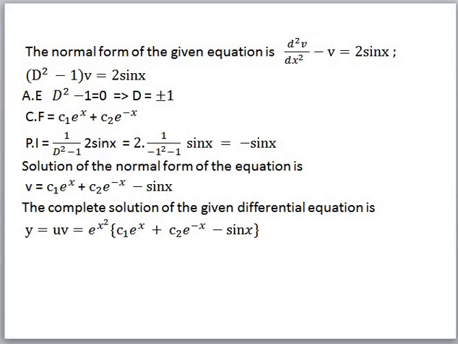So the solution of the normal form of the equation is v is equal to complementary function plus particular integral, that is c1 e power x plus c2 e power minus x minus sin x. The complete solution of the given differential equation is y is equal to uv. That is u is e to the power of x square, v is c1 e power x plus c2 e power minus x minus sin x.